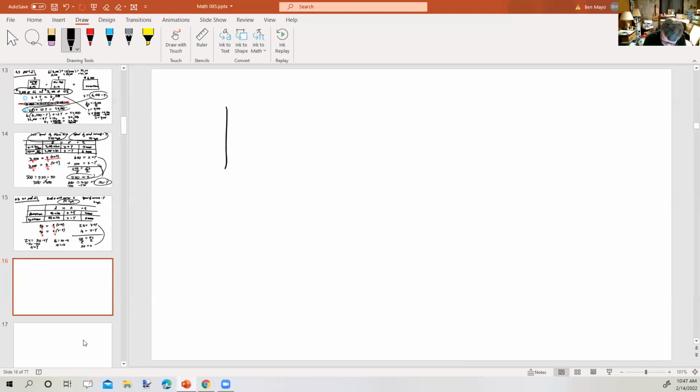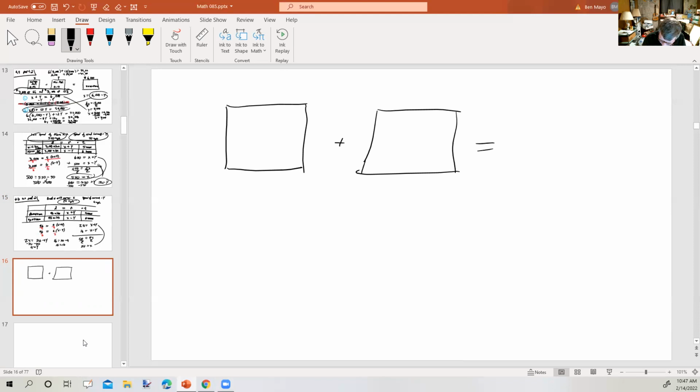And again, I like to set these up using what I call the box method. A pharmacist has a mouthwash solution that is 6% ethanol alcohol and another that is 18%. So we're going to call this one the 6% and this one the 18%.